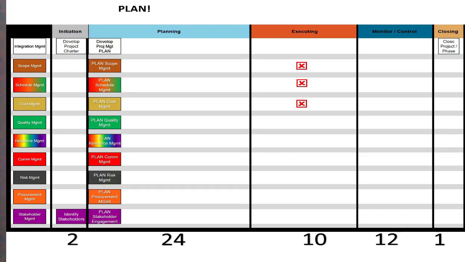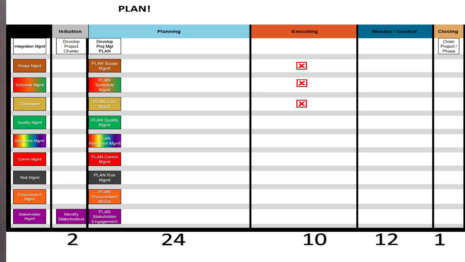The next way of remembering the 49 process areas is this. Notice this. Every single planning phase, there is a plan. Right? And you notice if you are in scope management, you need to come up with plan scope management. If you are in schedule management, you need to come up with plan schedule management. If you are in cost management, you need to plan cost management.